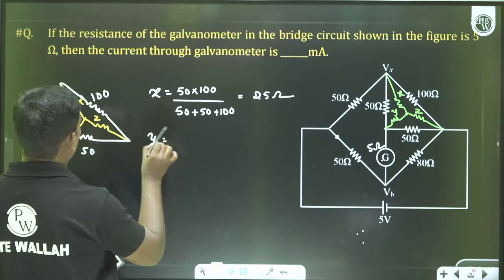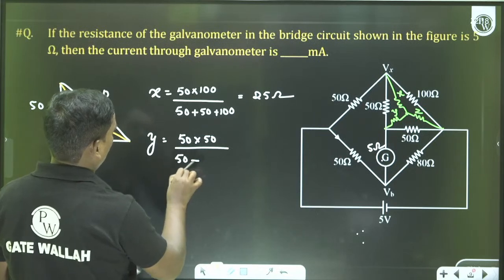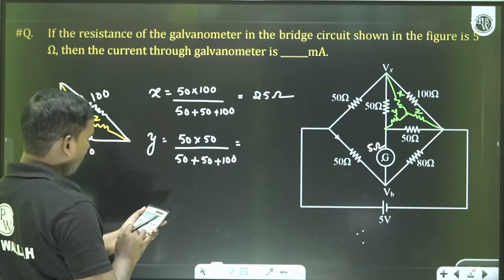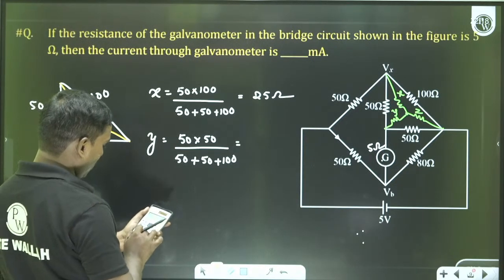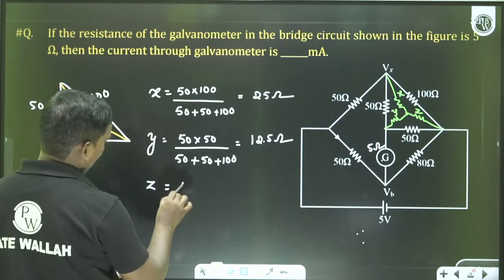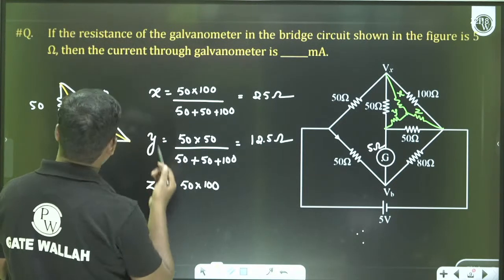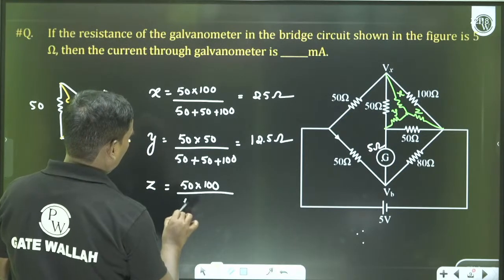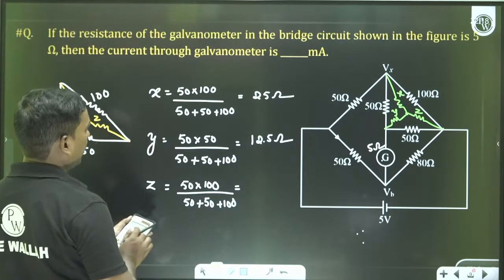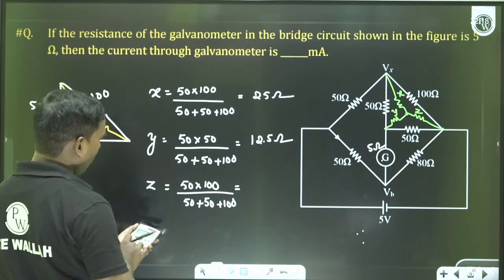Next Y is 50 into 50 divided by 50 plus 50 plus 100, so 50 into 50 divided by 200, coming 12.5 ohms. Next Z is 50 into 100 divided by 50 plus 50 plus 100, both are the same, 50 into 100 divided by 200.